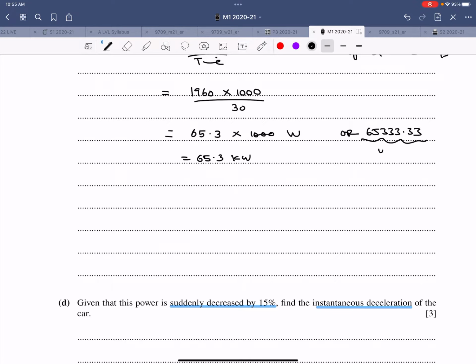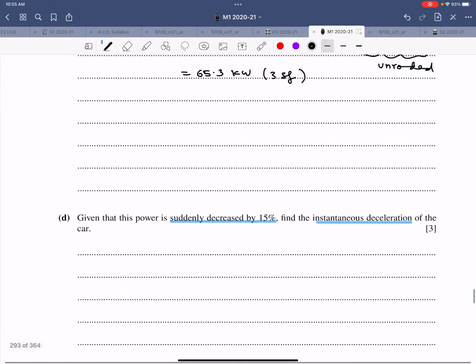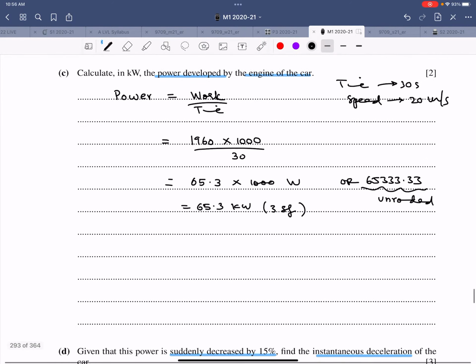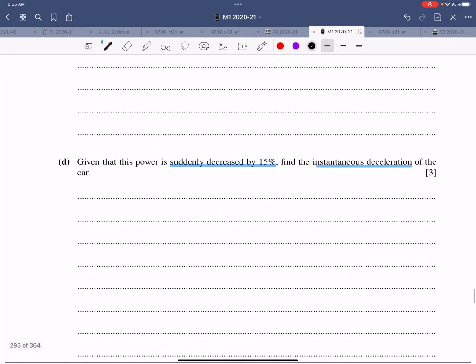This is the unrounded value, and the other one is rounded correct to three significant figures. Now it says, given that this power is suddenly decreased by 15%, find the instantaneous deceleration. So the new power is 85% of original power.